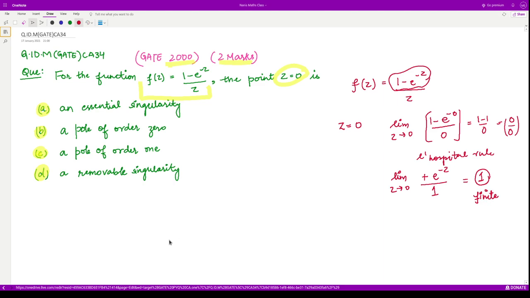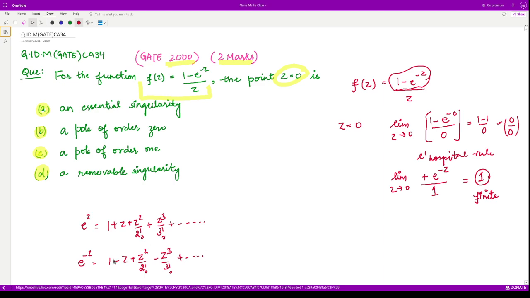And if you check the function by expanding the series, you know e to the power z is equal to the series 1 plus z plus z square by 2 factorial plus z cube by 3 factorial and so on. So e to the power minus z would simply be 1 minus z plus z square by 2 factorial minus z cube by 3 factorial plus so on.